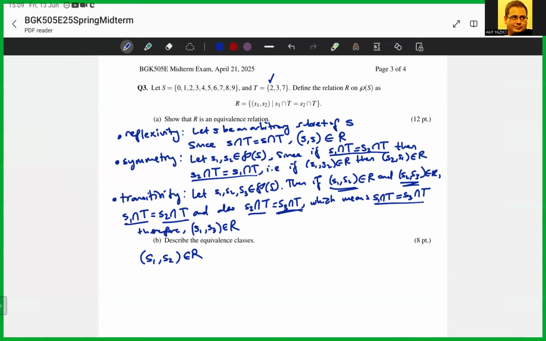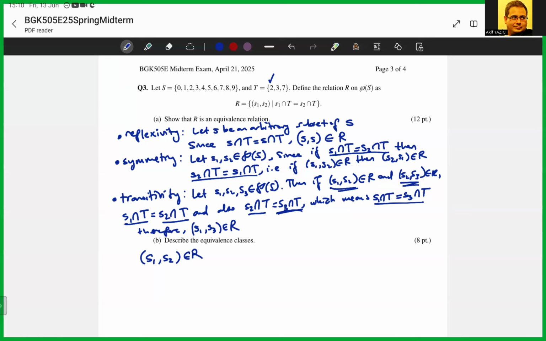And therefore, it also must be in S2. Or, on the other hand, if S1 doesn't have 2, then the intersection will not have 2, which means S2 cannot have 2. Okay? So that means in terms of the elements 2, 3, and 7, all related subsets must behave the same.